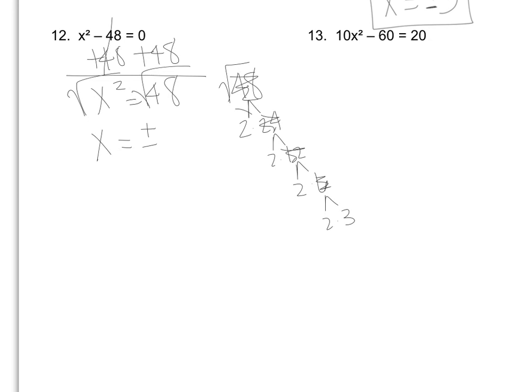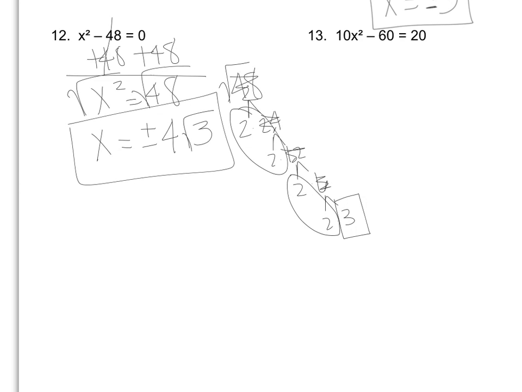Okay, you're finding your pairs. And then box in what you don't have a pair of, so 3. Okay, we're bringing out 2 2's because we have 2 different pairs. So that would make 4 on the outside. And then square root of 3. So if it's not a perfect square, make sure you use the factor tree to simplify the radical. Also make sure you have 2 answers, positive and a negative.